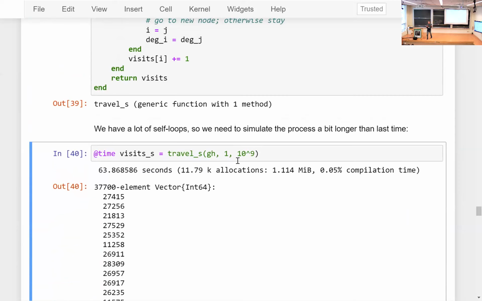With the normal walk, it was enough to do 10 million, and I got very nice results. If I am doing this corrected walk, actually I need to do many more steps to get convergence. And actually, in order to get good convergence, we would need 10 billion. So it would run for around 10 minutes to get good convergence.